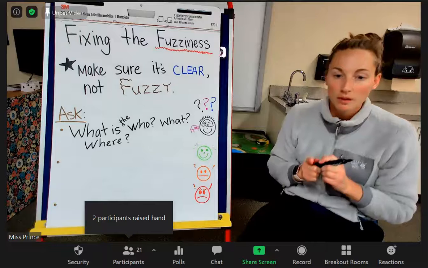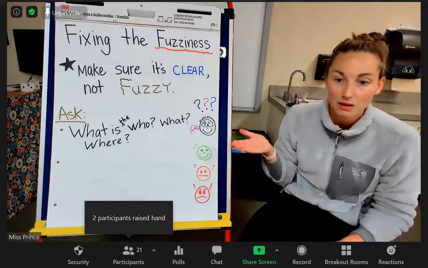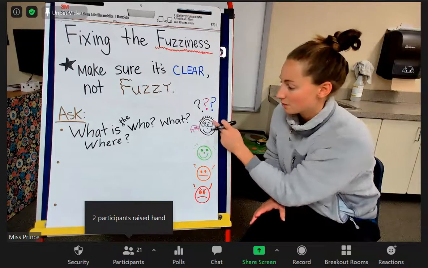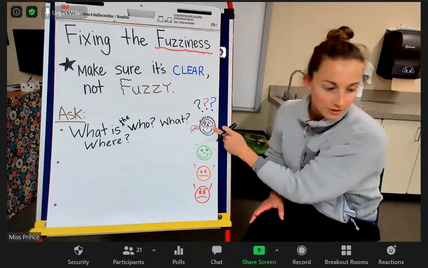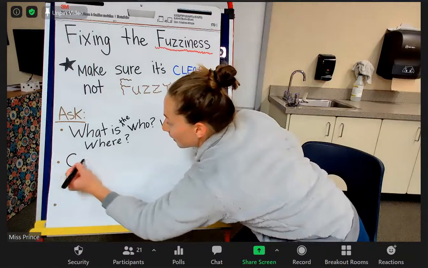Something else we want to make sure is that when we're reading, we can see that picture in our head. It's kind of like we made a movie in our mind. So, right here we have a visual, and this brain up here has a movie going on. So, can I make a movie in my mind? That's what I'm asking.